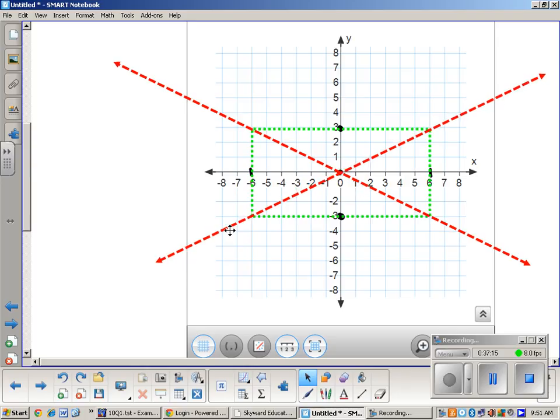You notice their intersection should always be right in the center of the rectangle. Any questions on what I've done so far, how I created my box and drew my lines?